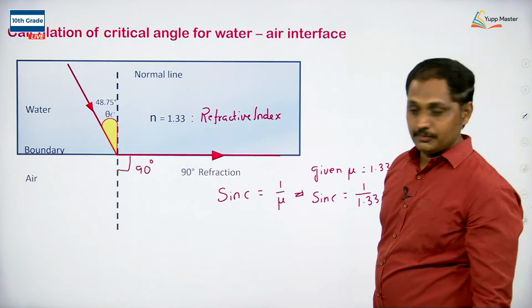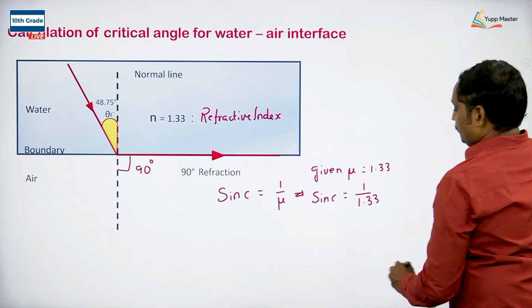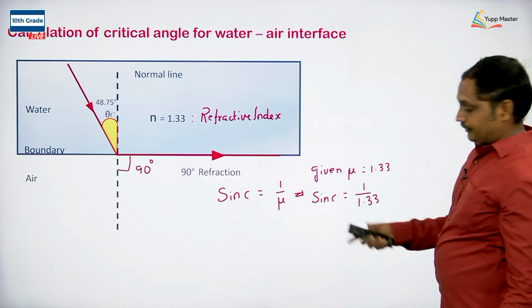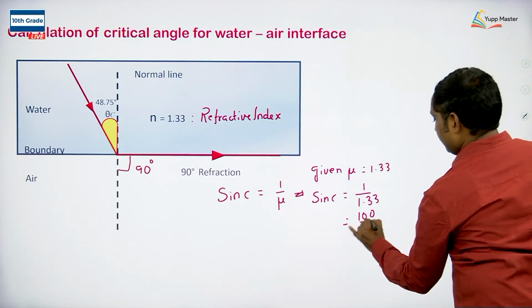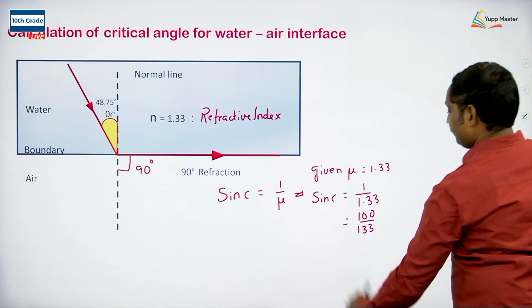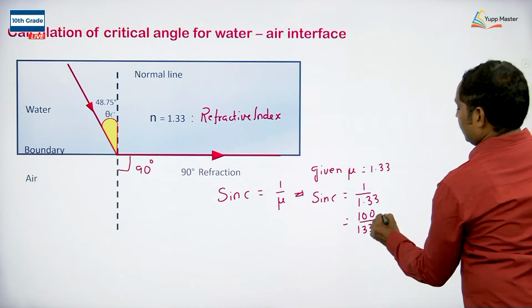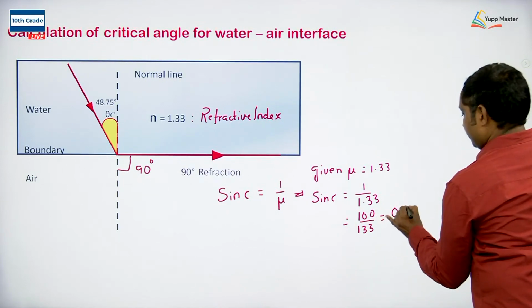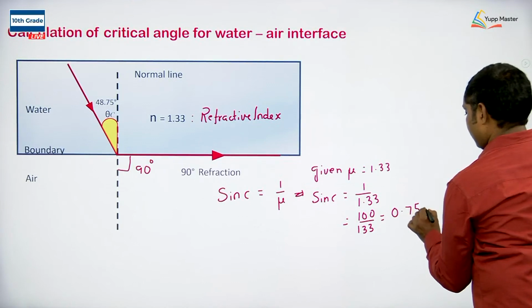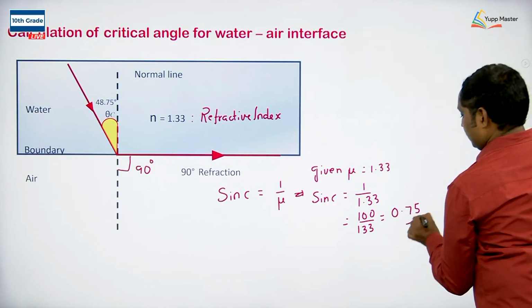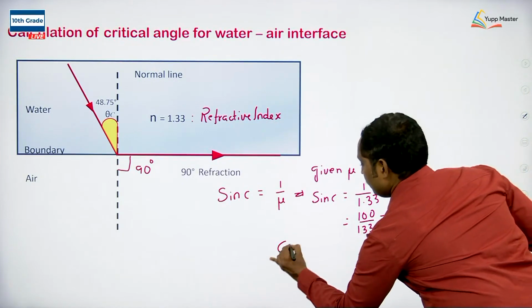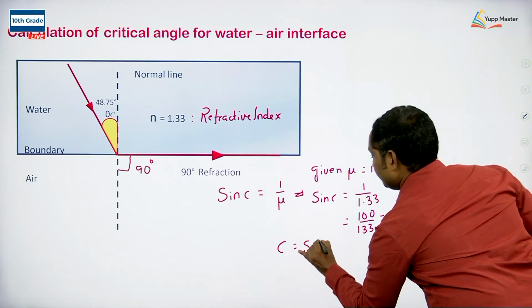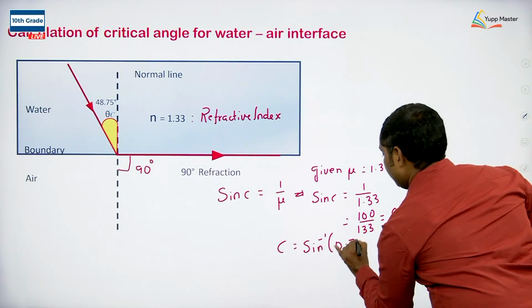You can do the calculation, that is 100 by 133. After simplification, you will get 0.75. So, C is equal to sin inverse 0.75.